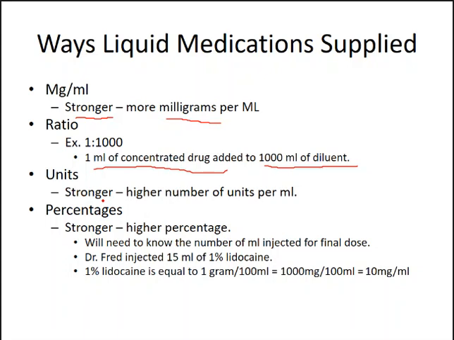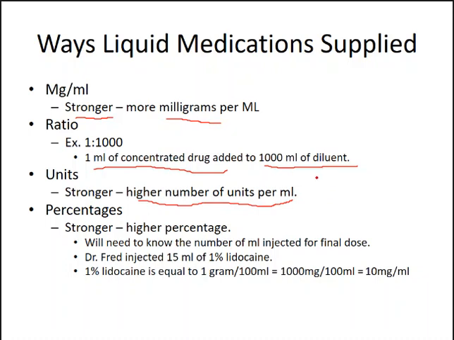Units, we have some drugs that come in units. In particular, heparin we use a lot in surgery, and it comes in units per ml. The good thing about this is, here again, it's kind of like milligrams per ml. The higher number of the units, the stronger it is. The negative thing is there's a wide range of these.